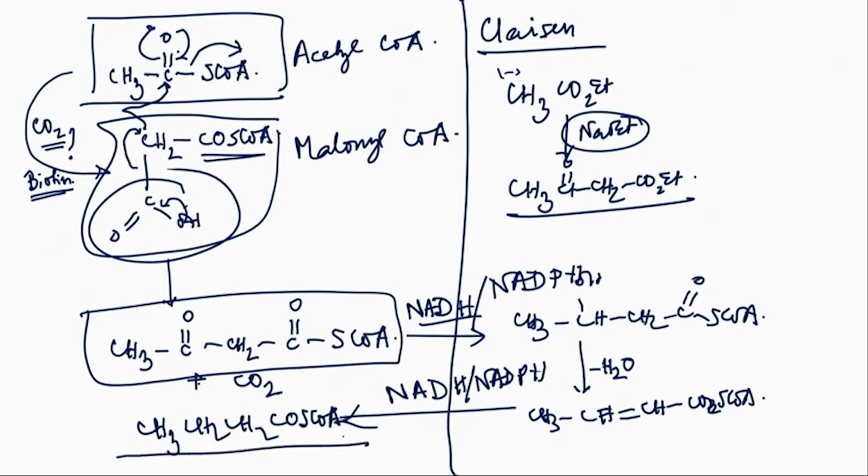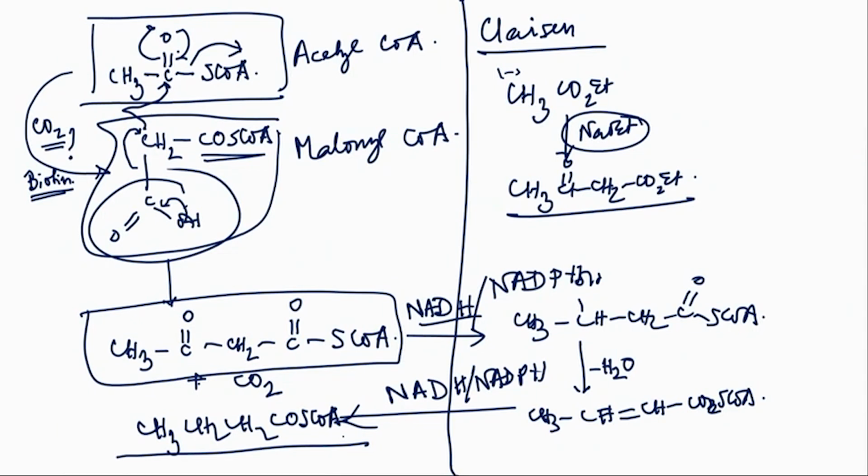This is exactly what is followed in fatty acid biosynthesis. In fatty acid biosynthesis, you start from acetyl coenzyme A, which undergoes Claisen condensation with malonyl coenzyme A, and that gives acetoacetyl coenzyme A, and then after these reductions, first NADH, then dehydration, then another reduction, you get CH3, CH2, CH2, CO, SCoA. So, this is butyryl coenzyme A, the butyric acid.